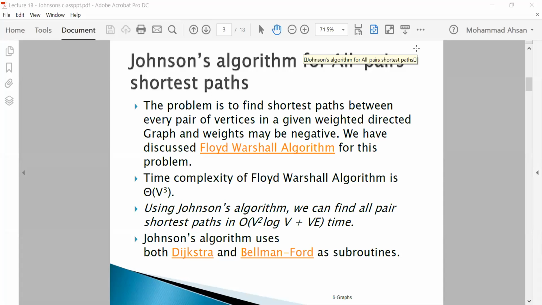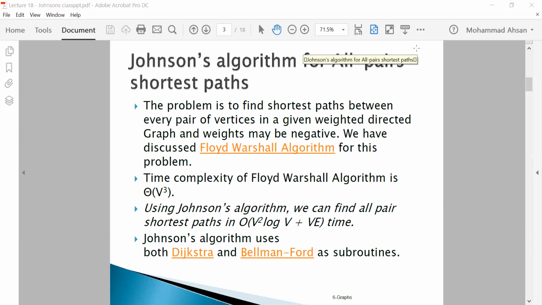So the runtime as mentioned here is V squared log V. For Dijkstra's algorithm, you have a priority queue or a heap where you maintain a queue and then you extract one by one. So log V is the time taken to add or remove from a heap because that's the height of the tree that gets readjusted.